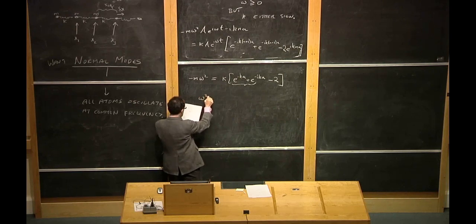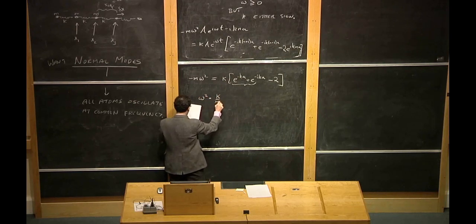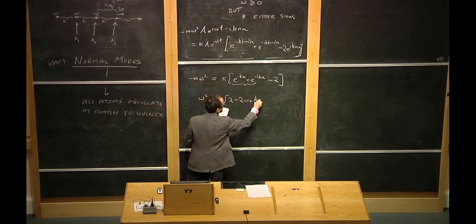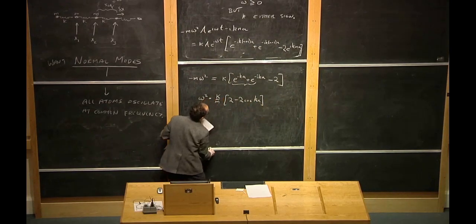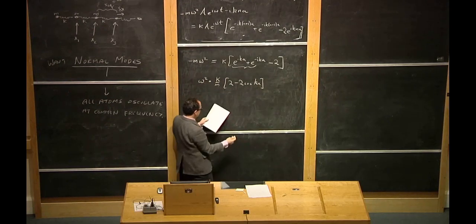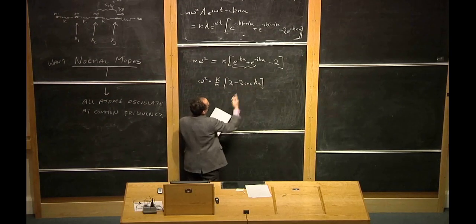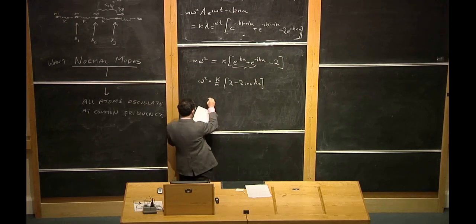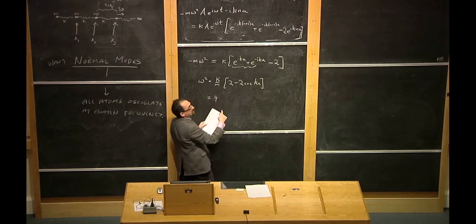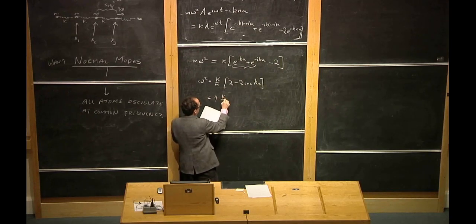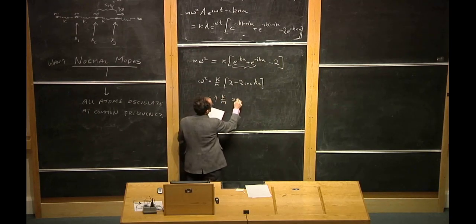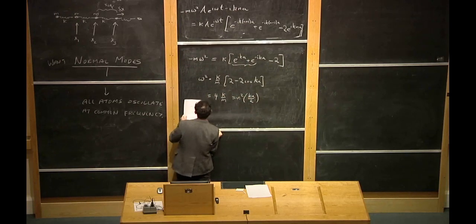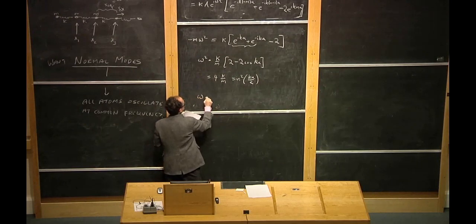And we get omega squared is kappa over m, 2 minus 2 cosine ka. Another trig identity lets us replace 1 minus cosine ka with sine squared of ka over 2. So that gives us a total of 4 kappa over m times sine squared of ka over 2. And then I'll just take the square root of this whole equation. We get the final result.